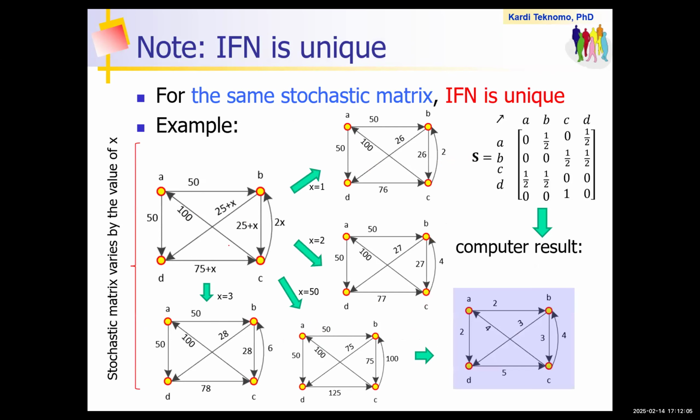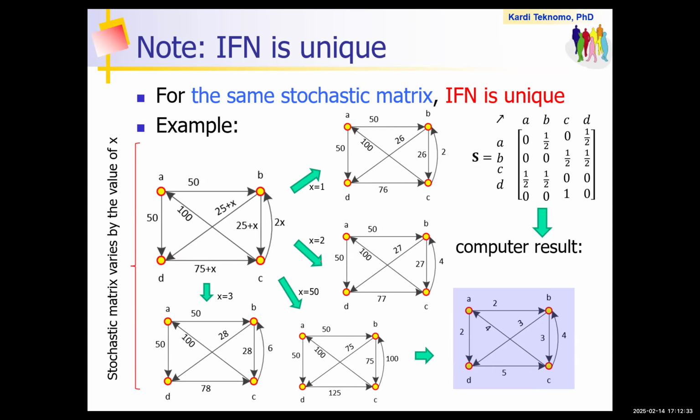So in this example, I put x equal 1. Here it becomes 26, 26, which is correct. But if you look at this, the stochastic matrix is not exactly correct. This is 50-50, correct, but 27, 26 is not.